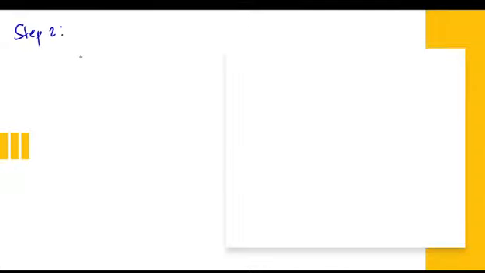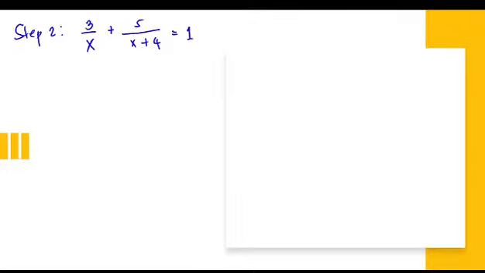Since the mason worked for 3 hours and the helper worked for 5 hours to complete the job, we can write the equation as 3 over x, ito yung para sa mason, plus 5 over x plus 4, ito naman yung para sa helper, equal to 1.